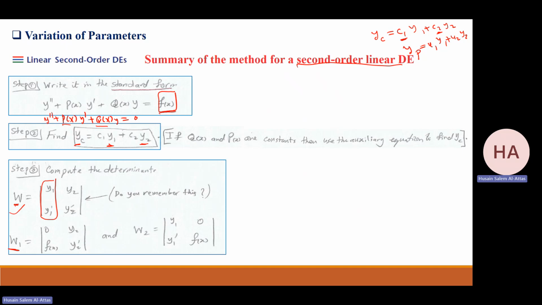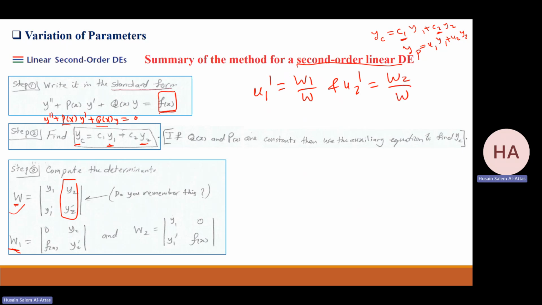This is very important. The second column is the same. Then we'll find W2, where instead I replace the second column with 0, f of x. Then u1 prime will be W1 over W, and u2 prime will be W2 over W.